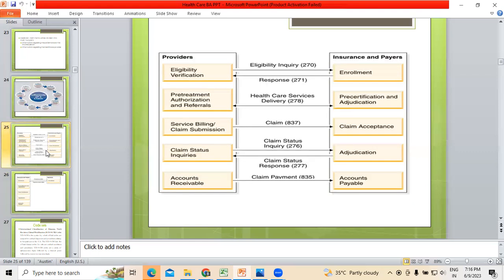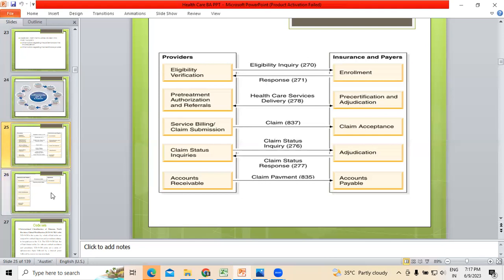Eligibility inquiry is 270 and the response is 271, completely focused on eligibility-related stuff. Healthcare services delivery is 278. Claim-related submissions and payments come under 837 and 835: 837 for claim submission, 835 for claim payments. Status inquiry falls under 276, and 277 is the response.